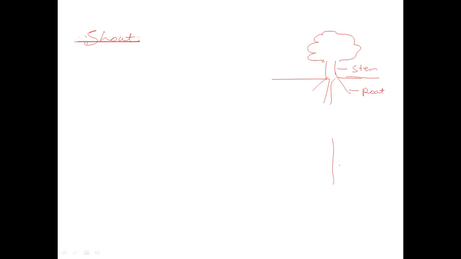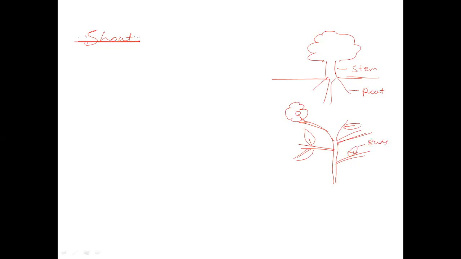If I draw a better diagram, you see, a plant has branches. This plant has what? Flowers. Leaves, and there are buds as well, not birds.